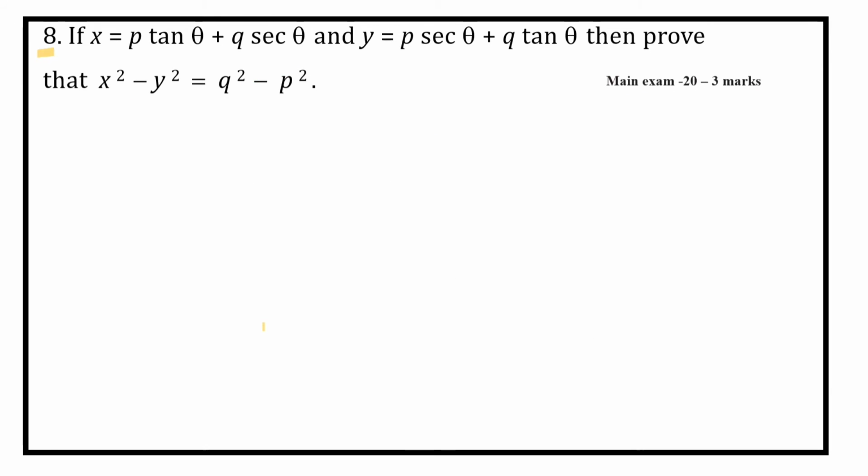The eighth question is taken from 2020 main exam question paper and it is a 3 marks question. If x is equal to p tan theta plus q secant theta and y is equal to p secant theta plus q tan theta, then prove that x square minus y square is equal to q square minus p square. Now let us start from LHS, that is x square minus y square.